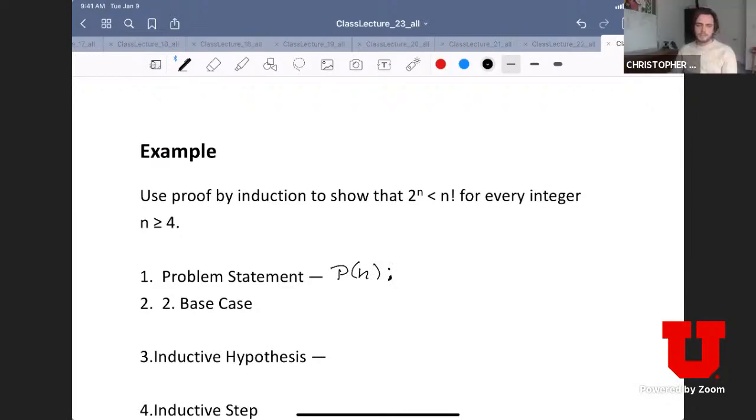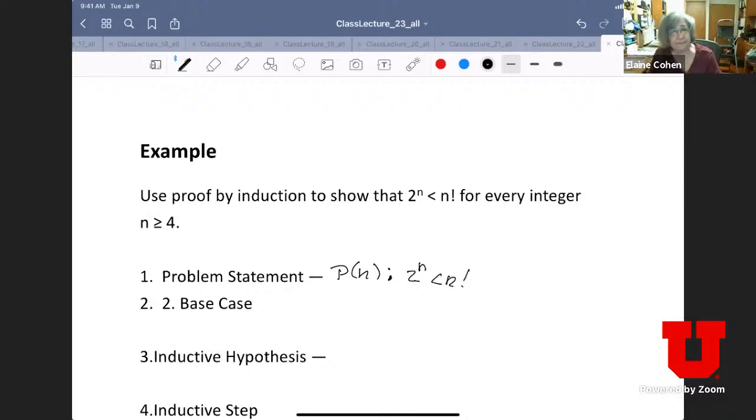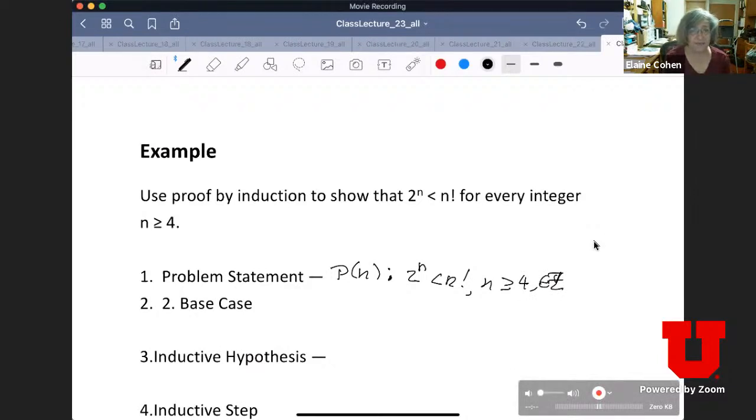Basically just you're given 2 to the n is less than n factorial. Yeah, it's almost all of it, not quite. Oh, for n in the integers greater than or equal to 4 in Z. Yes, you need that piece. Okay, so that's our predicate.